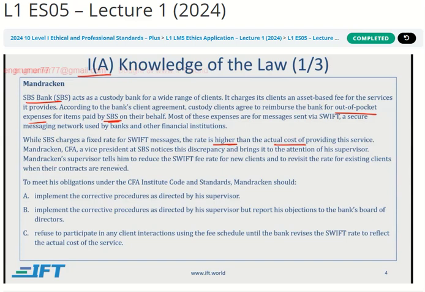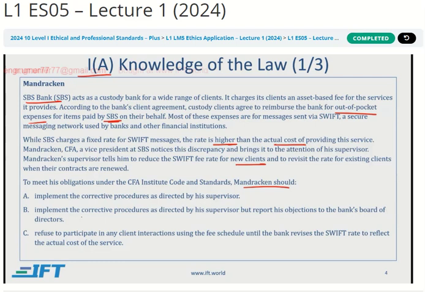Mendrakan's supervisor tells him to reduce the SWIFT fee rate for new clients and to revisit the rate for existing clients when their contracts are renewed. To meet this obligation under the CFA Institute Code and Standards, Mendrakan should A. Implement the corrective procedures as directed by his supervisor.